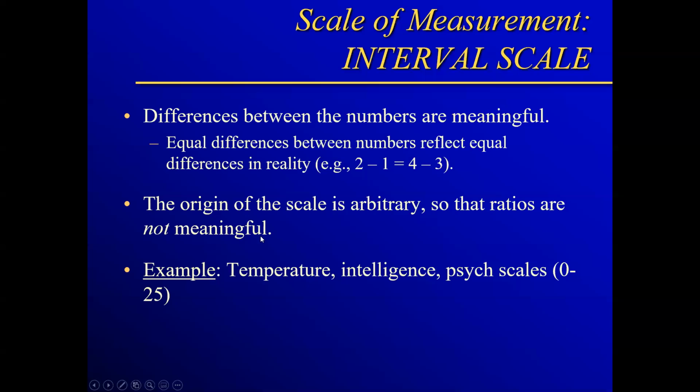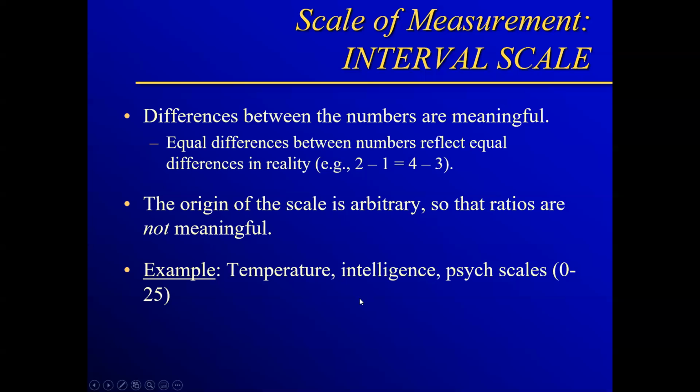The ratios are not meaningful. So this means that 40 degrees is not twice as hot as 20 degrees. But the difference between 40 degrees and 20 degrees is the same as the difference between 60 degrees and 40 degrees, right? So that difference is meaningful, but there is no true 0, and so therefore ratios aren't meaningful.